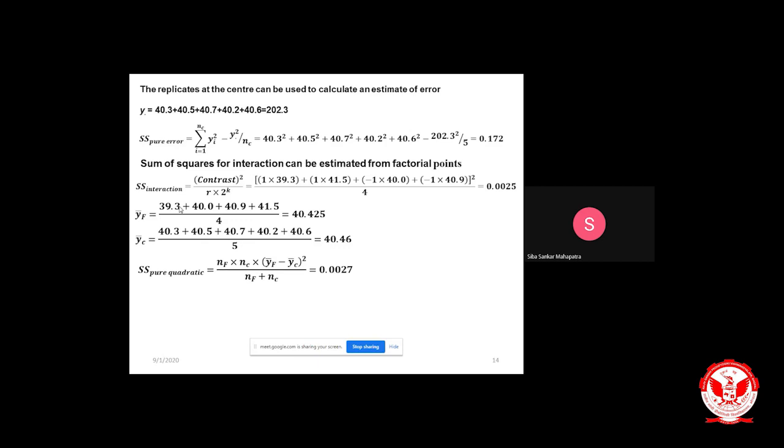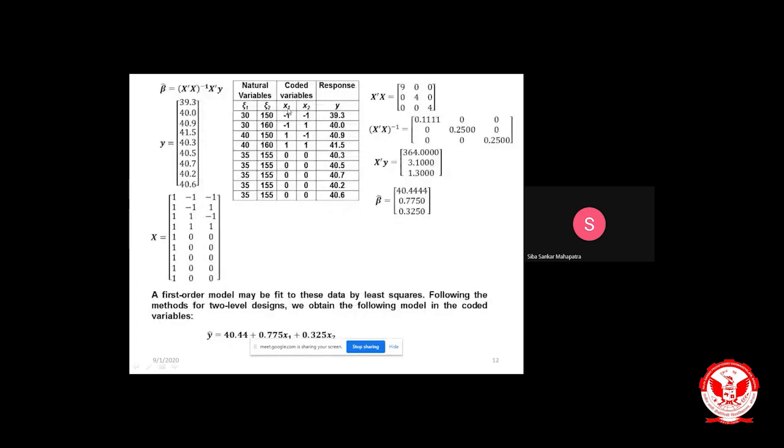Contrast is nothing but this interaction, meaning the x1 and x2 value. So find out this x1 x2. If you have a column here for x1 and x2, it will have plus 1, minus 1 multiplied by minus 1. So you will have plus 1, then minus 1, then minus 1, and plus 1.